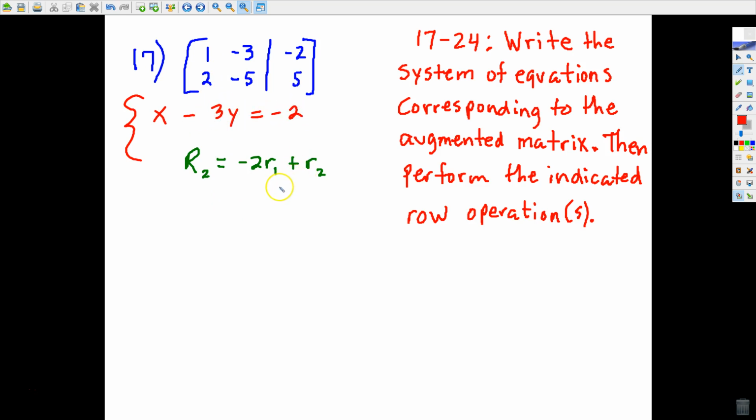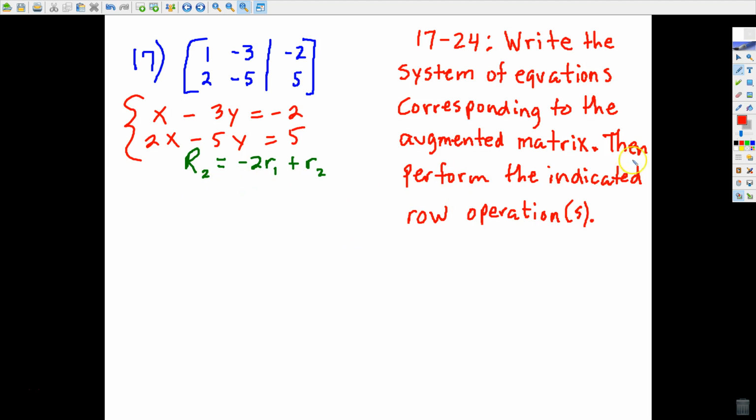So we're essentially going backwards from what we did in the previous set of problems. And this would be 2x minus 5y equals 5. So we just did the first sentence. We wrote the system of equations corresponding to the given augmented matrix.